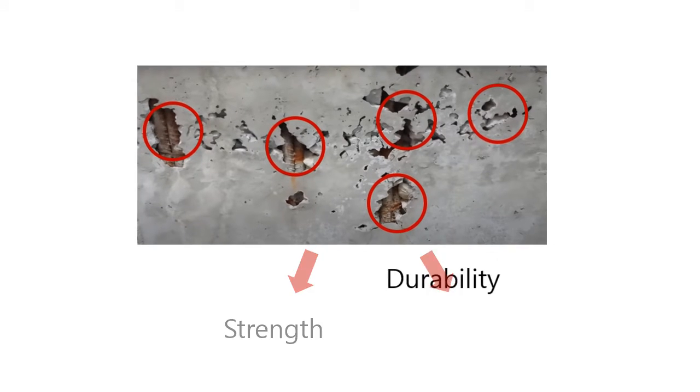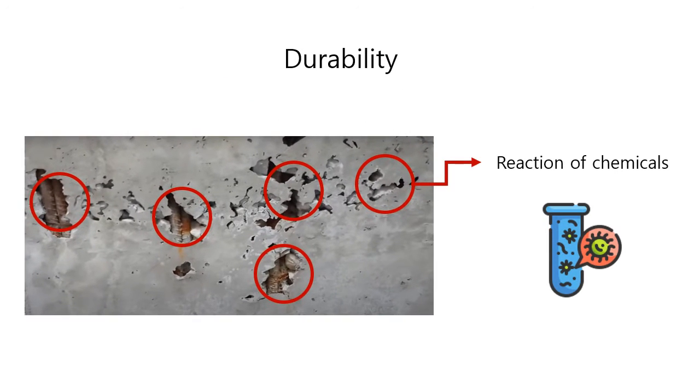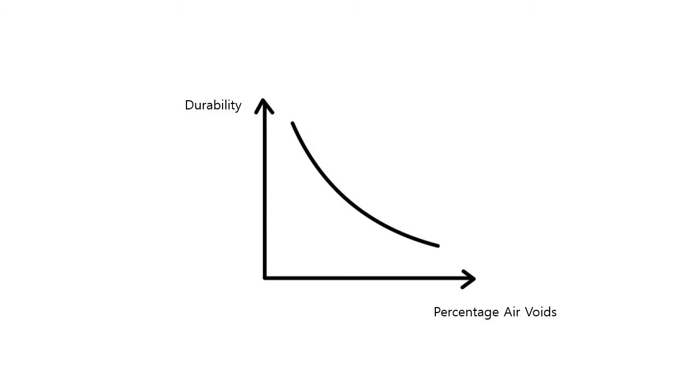Secondly, in terms of durability, an external substance enters the air void, which can cause a chemical reaction with concrete. Therefore, the more air voids there are, the weaker the durability of concrete becomes.